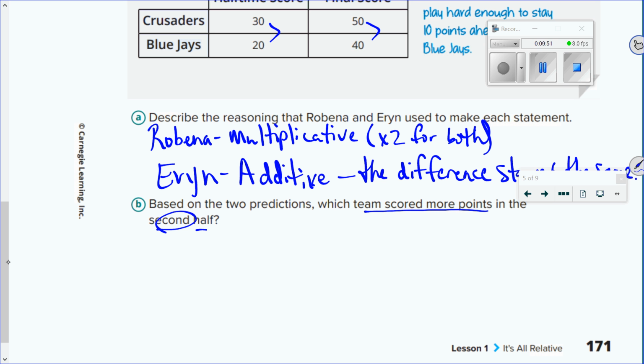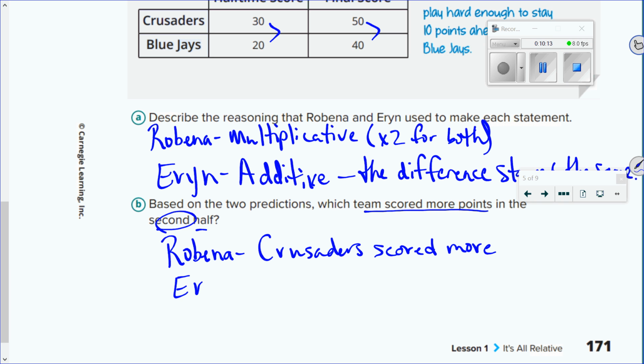So for Robina's, did a team score more points? The Crusaders scored more, right? Because she said they scored 10 more the first time. They're also going to score 10 more the second time. So the Crusaders scored more under Robina's reasoning.